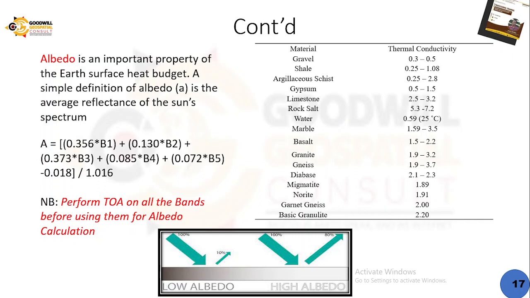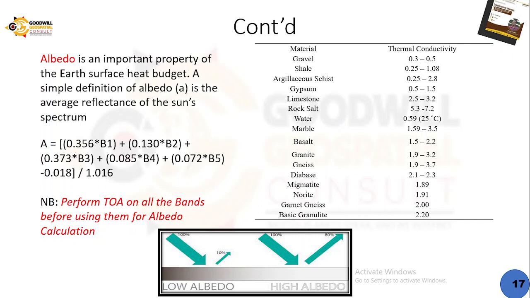based on temperature effects. So gravel has a thermal conductivity of 0.3 to 0.5. Basalt granulite has a thermal conductivity of, that's 2.2. Gneiss, or the garnet gneiss, has a thermal conductivity of 2.